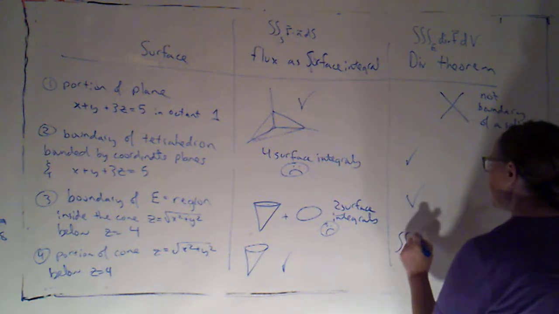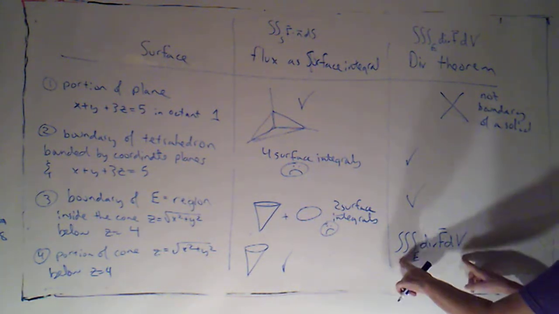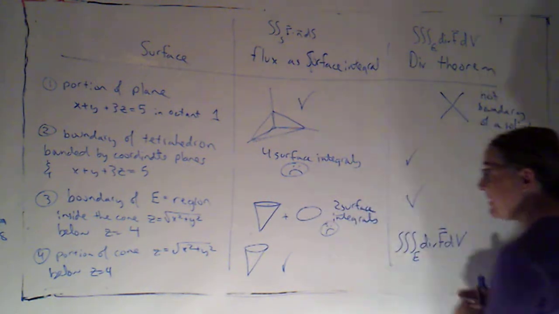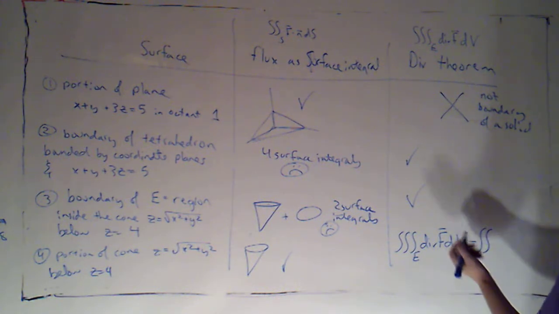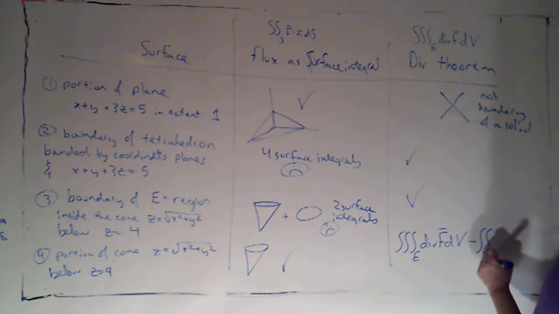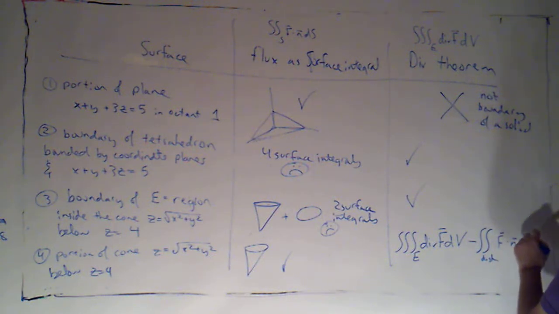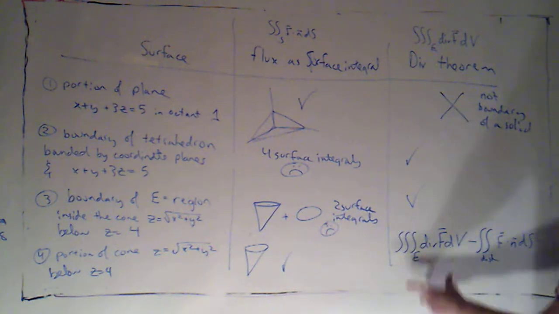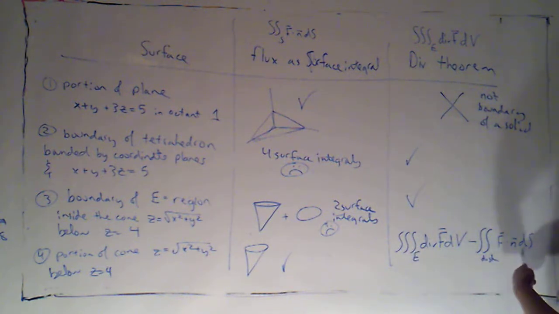The triple integral over E of the divergence of F dV would be the integral over the cone plus the integral over the disk. So I would have to subtract the double integral over that disk in the plane z = 4 of F dotted with n dS. So instead of doing 1 surface integral, I would have to do 1 triple integral and 1 surface integral, and subtract them.